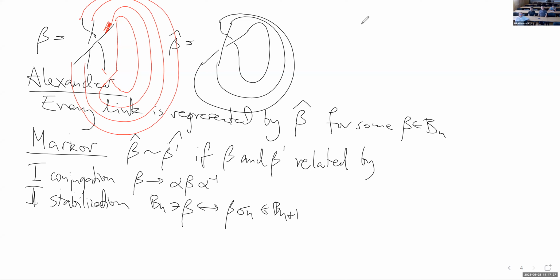I understand the second move. Could you tell me again the first move? Yes, the second one is clear. So alpha is a generator, so it's enough to consider one crossing. I will repeat the drawing.